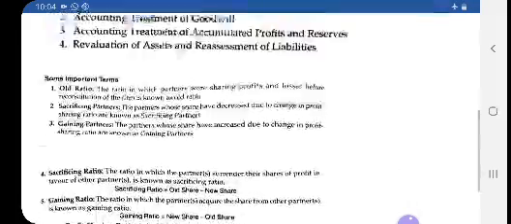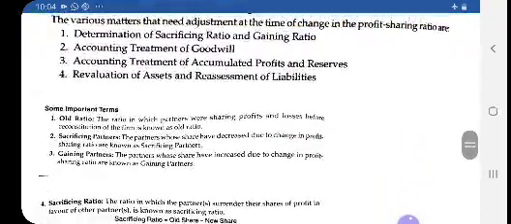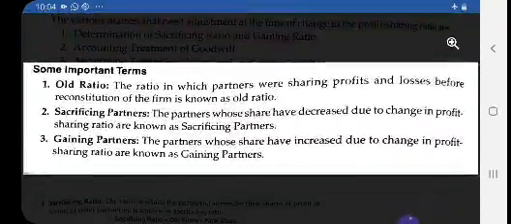Now, after discussing all the topics, we come across various ratios like old ratio. What is old ratio? The ratio in which partners share profits and losses before reconstitution of the firm is known as old ratio.